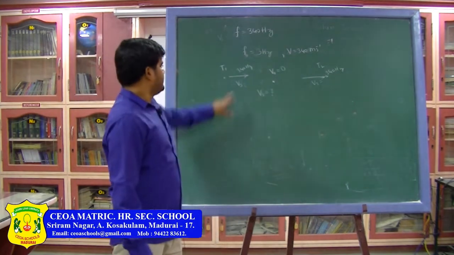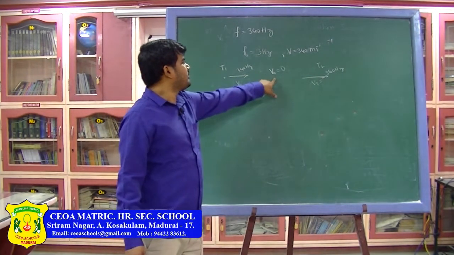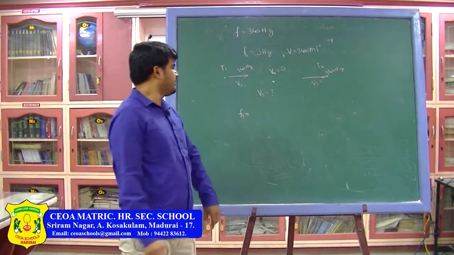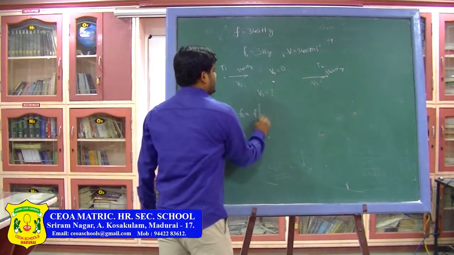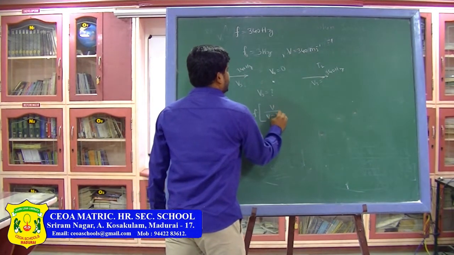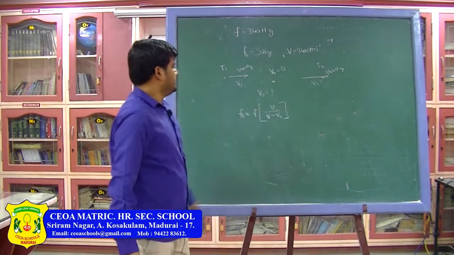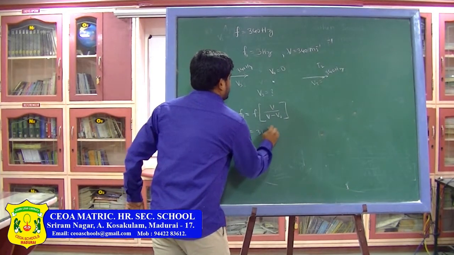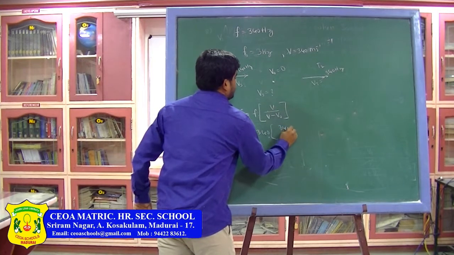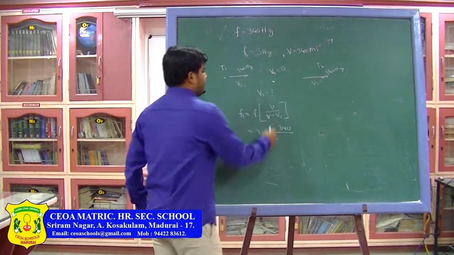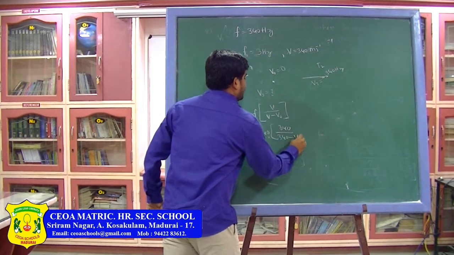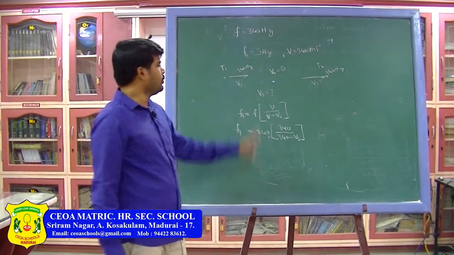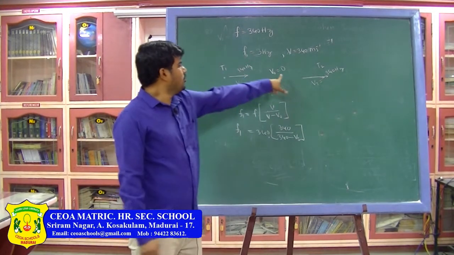Now, first the same concept. As the source is moving towards the observer, let that frequency be f1. That frequency is the actual frequency into V divided by V minus Vs. Now, substituting the given values, that is f value 340 Hertz into V value 340 meter per second divided by 340 minus Vs. This is the first frequency, when the first tuning fork is moving towards the observer.